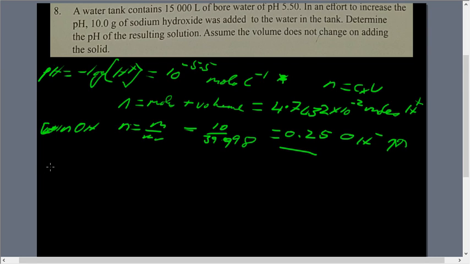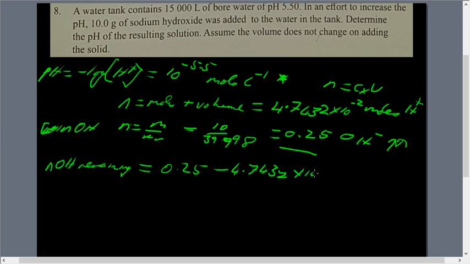So we're really interested in the NOH remaining, which is going to be equal to this guy, 0.25, minus this guy, 4.743 times 10 to the minus 2. Might as well chuck all the kitchen sink of the significant figures, we'll trim them back later.